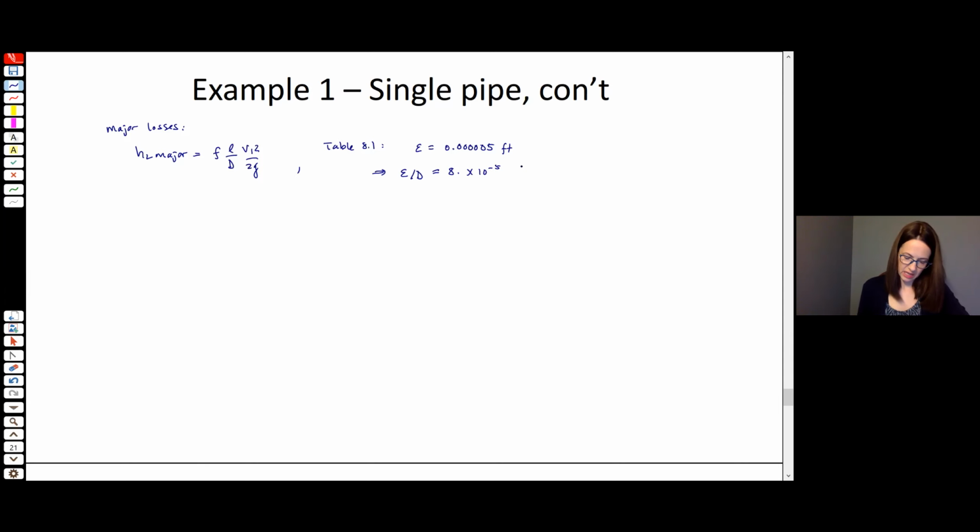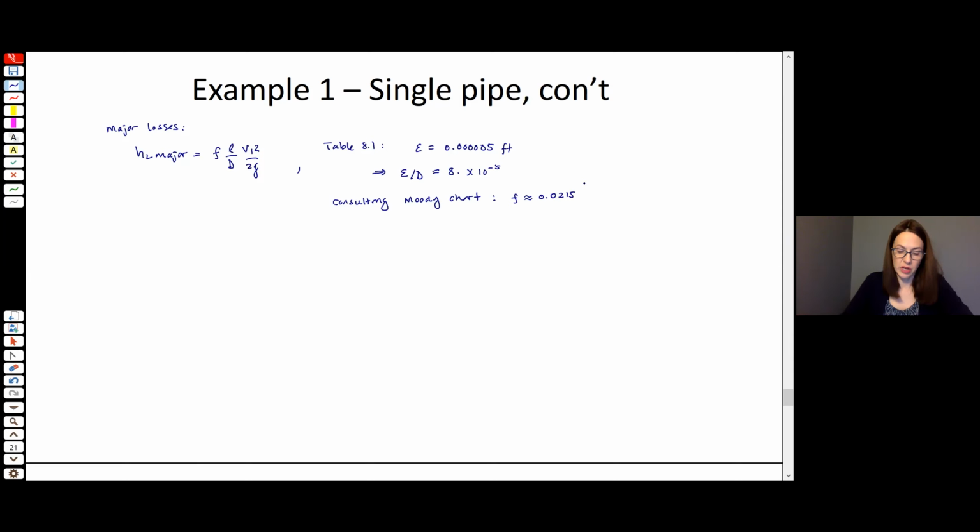All right. Now using that plus our Reynolds number that we calculated at the beginning of 45,000, we'll consult the Moody diagram, the Moody chart. And we can pick off that our friction factor is approximately 0.0215.